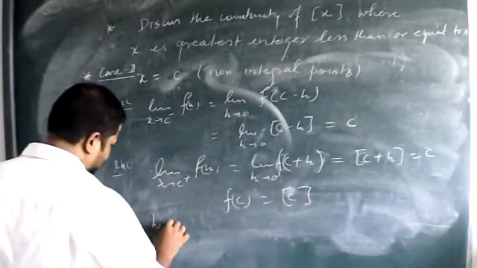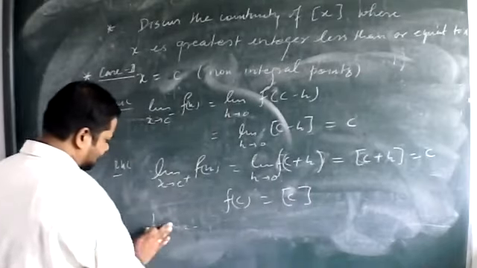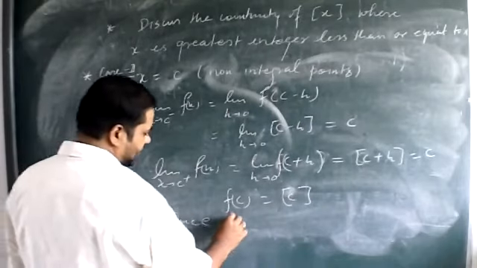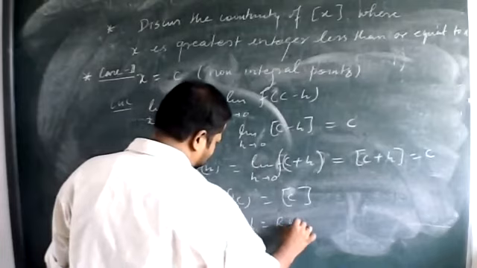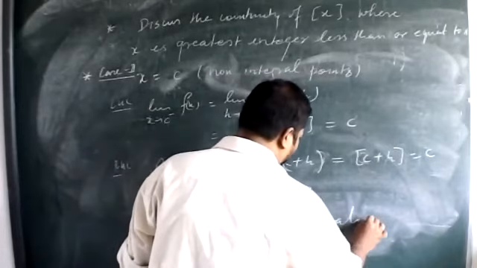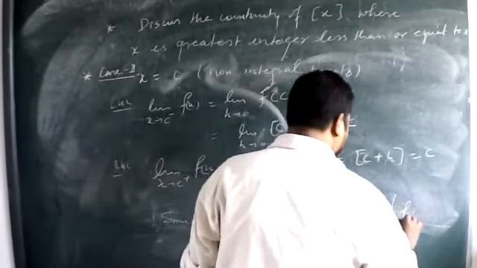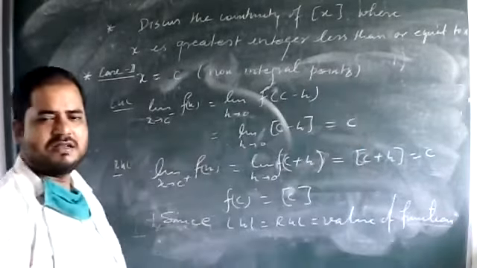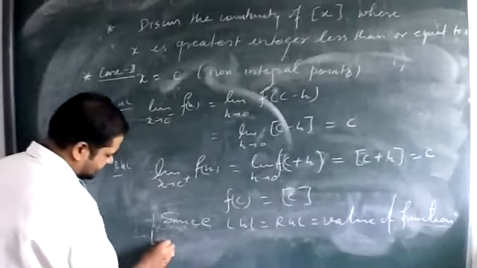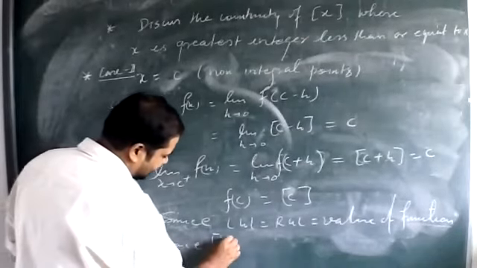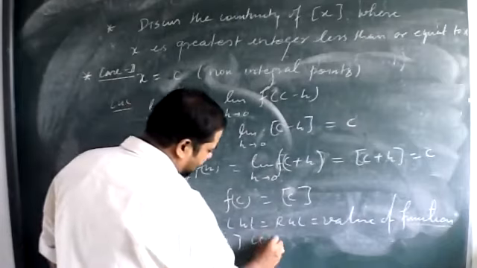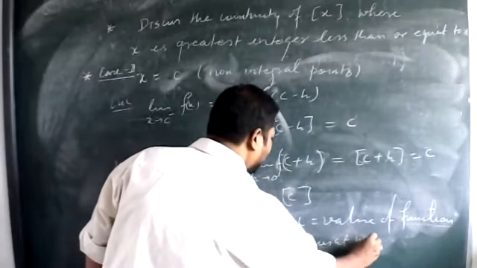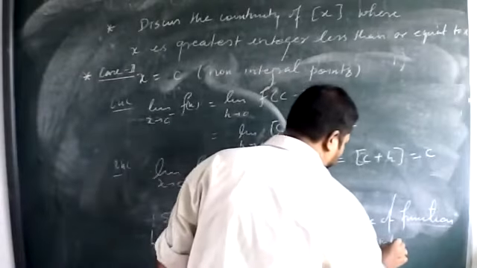Hence, since LHL is equal to RHL is equal to the value of function, the function bracket x is continuous at non-integral points.